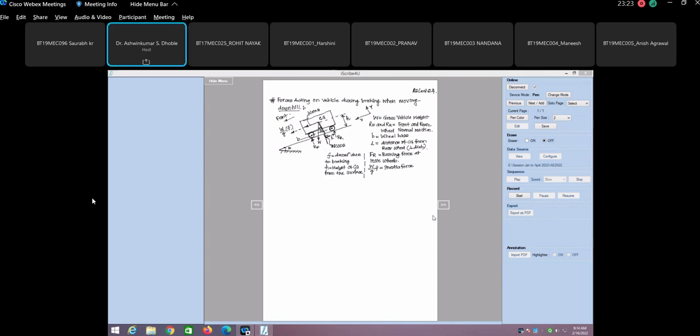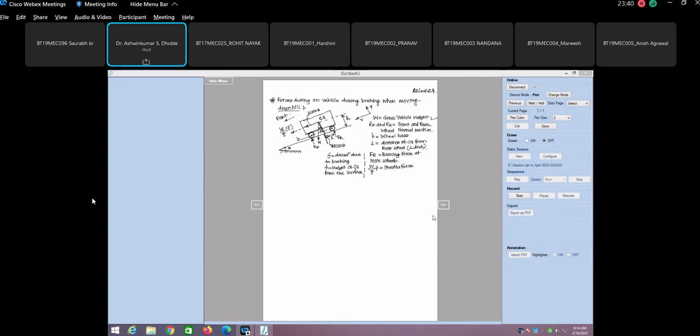Sir, I would just like to ask about this weight. Here the weight is written as the gross vehicle weight. So what is the definition of the gross vehicle weight?